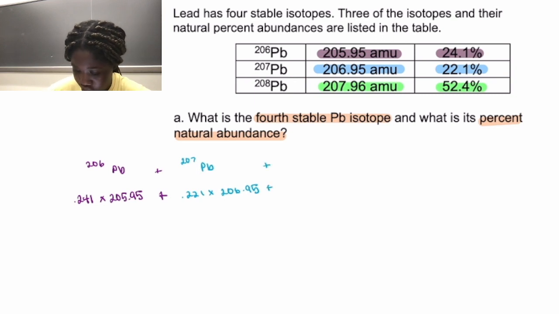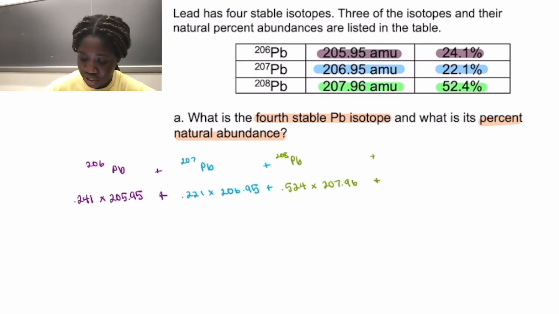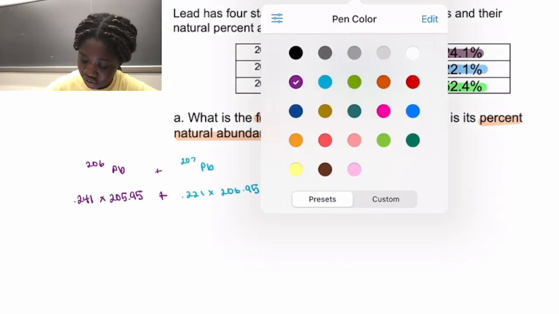We do this for lead 208 with 0.524 times 207.96. And we also will do this for our unknown isotope of lead.